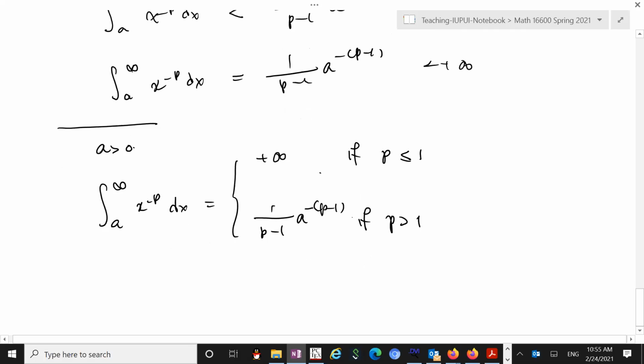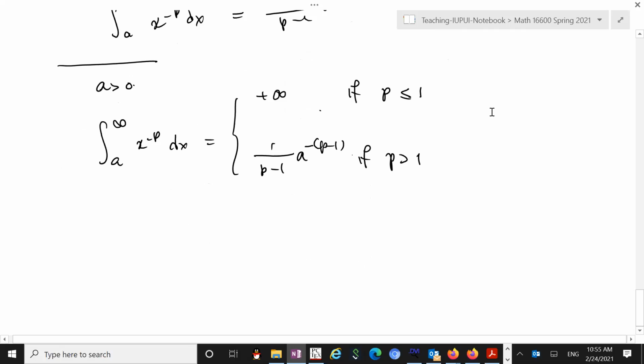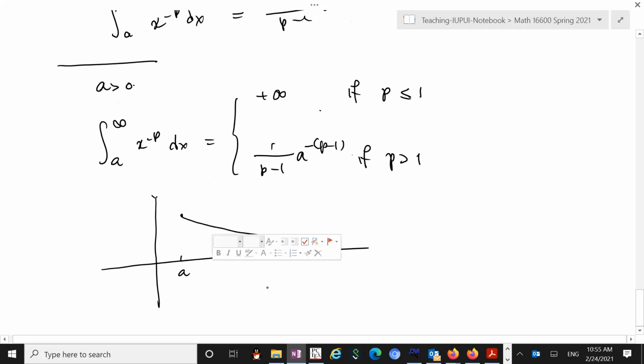So that means if p is greater than 1, the function approaches 0 fast enough. Here's a. So the gap here is going to be 1 over x to the p. If p is greater than 1, this gap closes up fast enough to include a finite area.